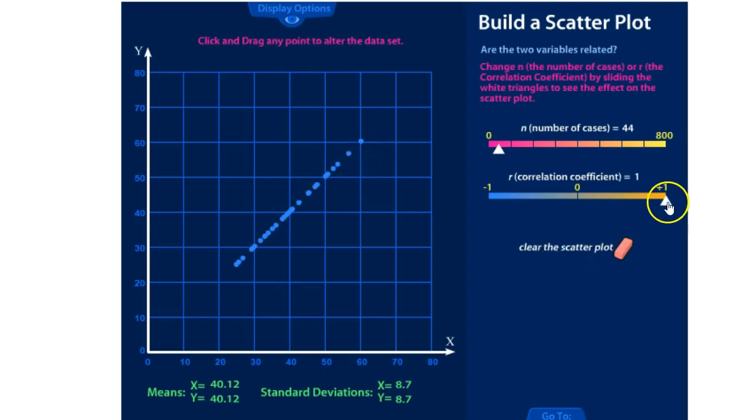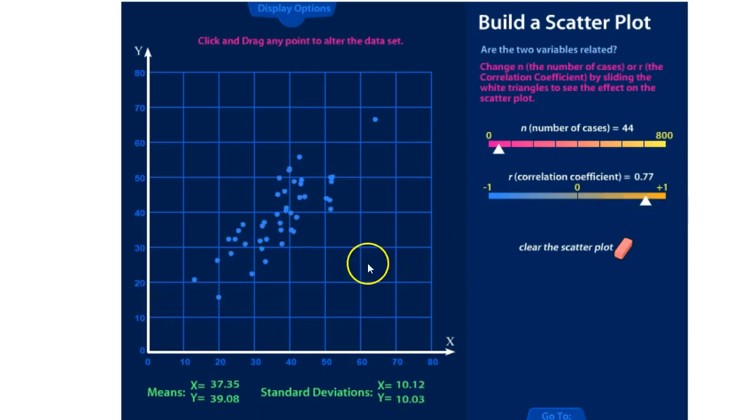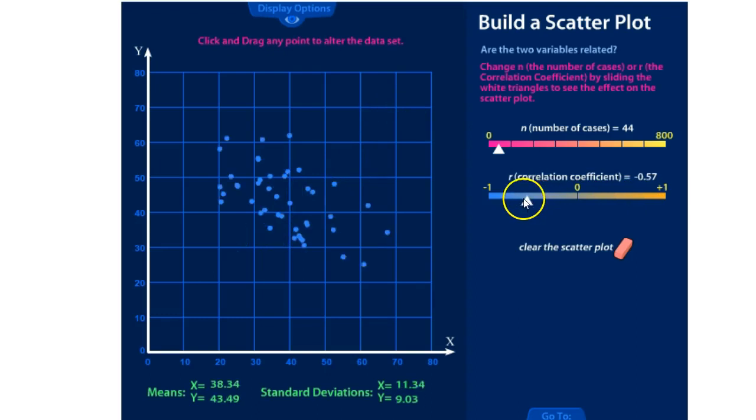And so what's kind of cool is to play. There's several games online that you can play with this to guess the correlation. Like there's a 0.77 correlation, and so it's got some scatter, but you can see a linear trend to it. You can pull it back. Kind of the same. There's a negative 0.57. Random scatter, but you can see this nice pattern down and to the right.